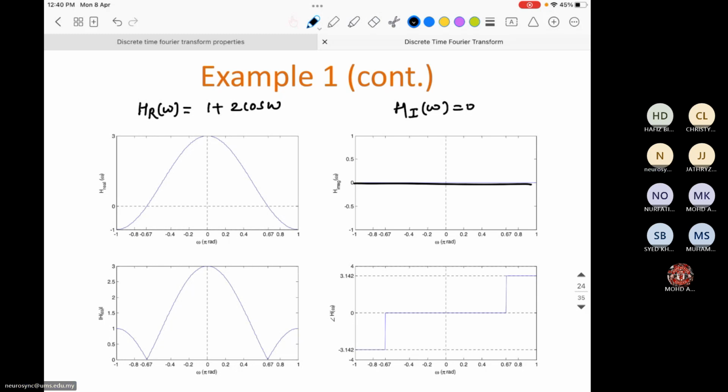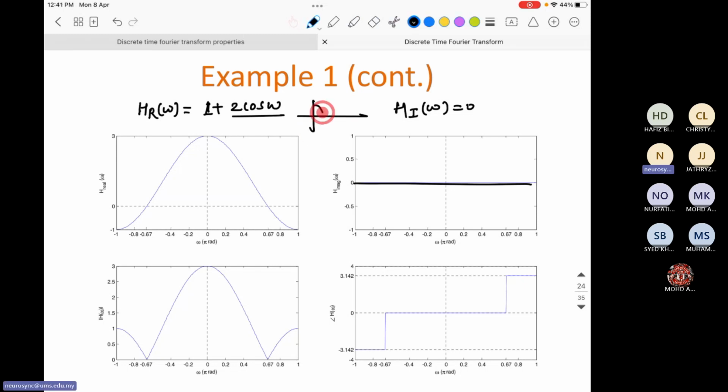You need to add 1 to the 2 cos omega, so your cos function will go up by 1. So you can plot this 1 plus 2 cos omega like this. How to plot cos here?